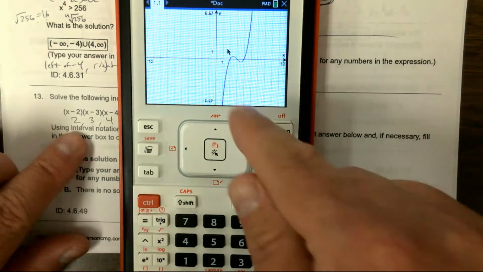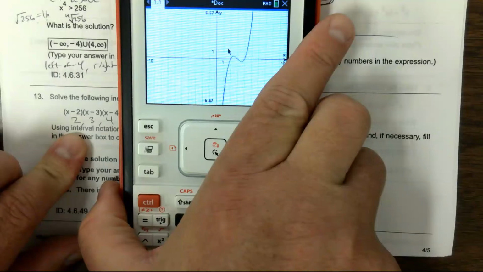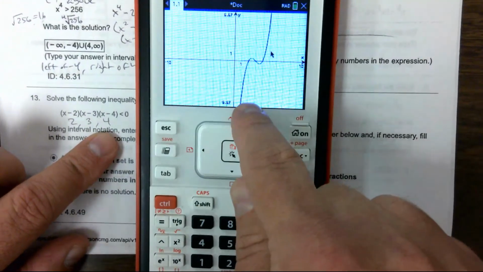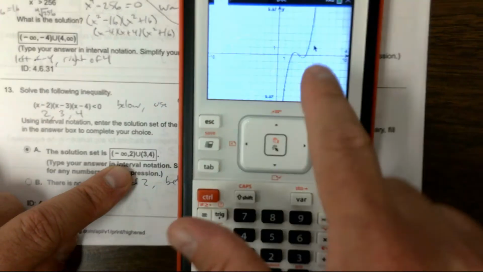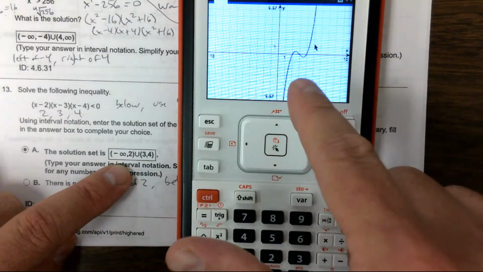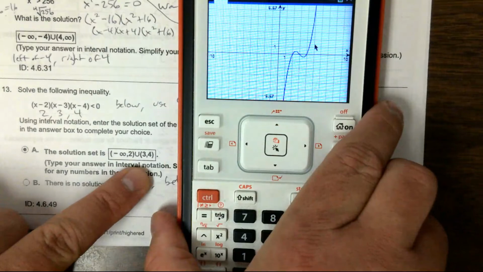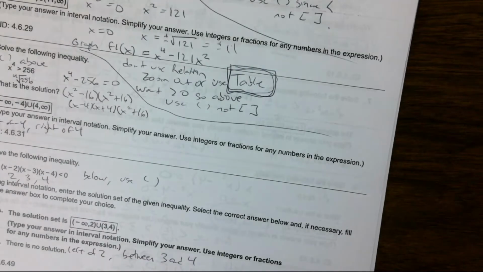Okay, so there's your 2, 3, and 4. And we want below, and so it's up to 2, but with a parentheses. So that's your -infinity to 2. And it also dipped down between 3 and 4. So on all of this part, you had to use parentheses, not a bracket.